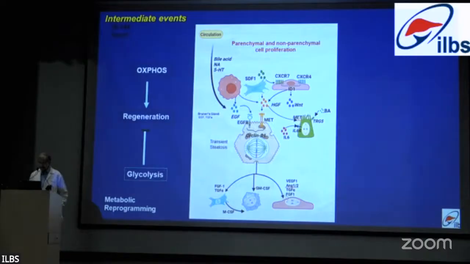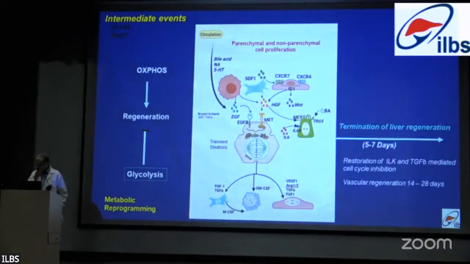Subsequently, you have an orchestra of players: VEGF, angiopoietin 2 first, and then angiopoietin 1, and then TGF alpha, not beta. And then you will see that oxidative phosphorylation and glycolysis, they all have a metabolic reprogram.